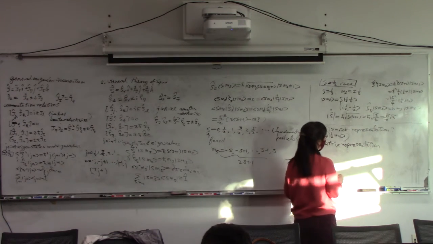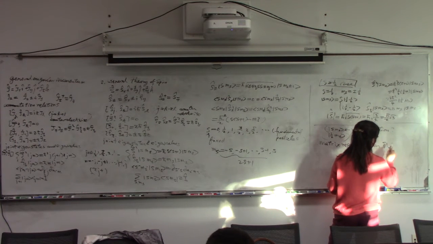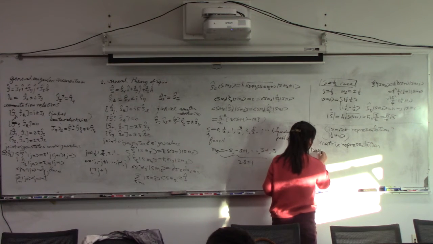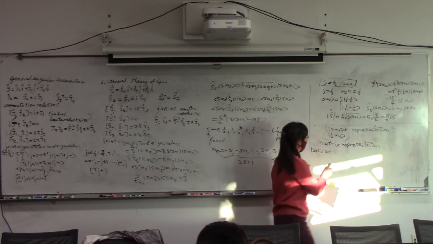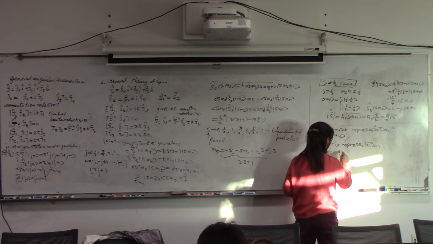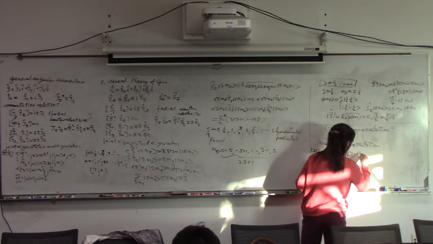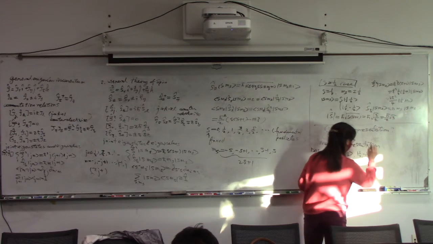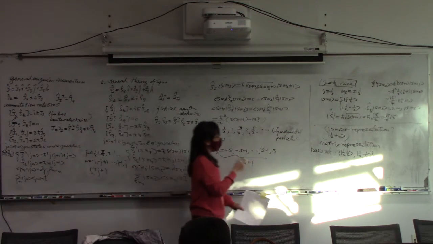So in matrix representation, we need a basis to build up this matrix. We have only two eigenstates, right? We use the eigenstates of S squared and S_Z.